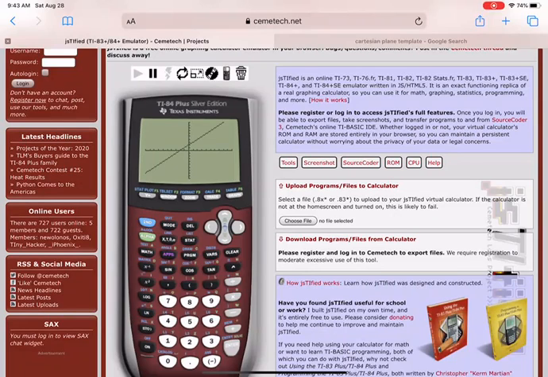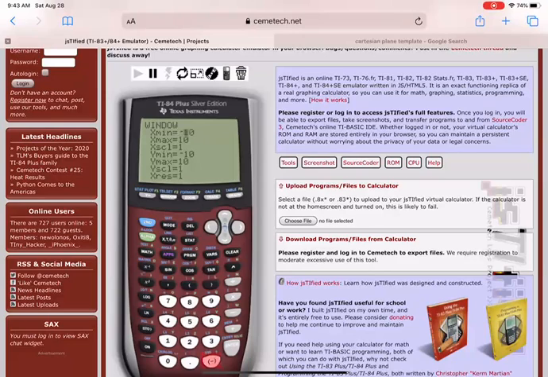I can change this setting by pressing window, the second button on the top from the left, but instead of pressing second followed by window, I'm simply pressing the window button.